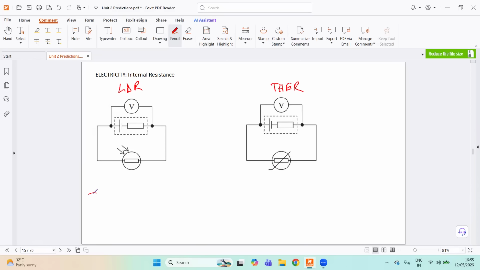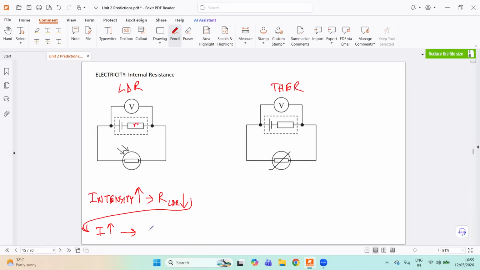So if intensity, let's say, increases, the resistance of the LDR decreases. If the resistance of the LDR decreases, the total resistance of the circuit also decreases, which increases the current.